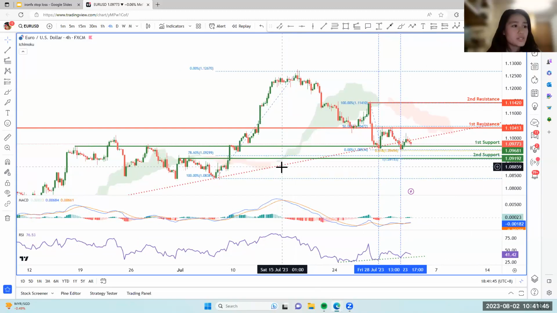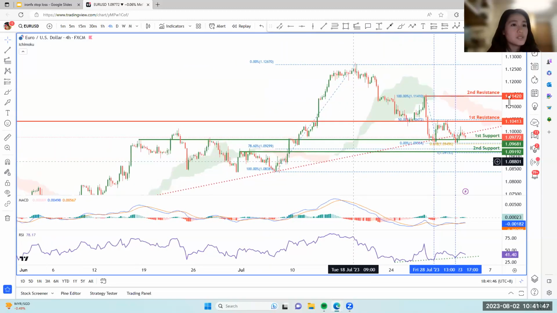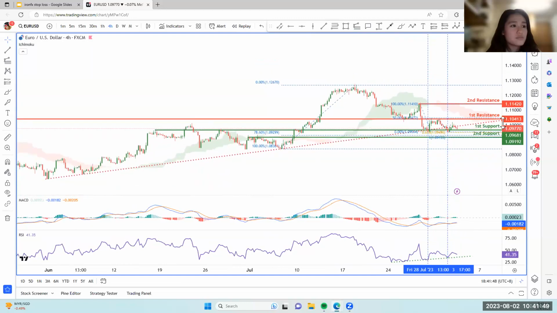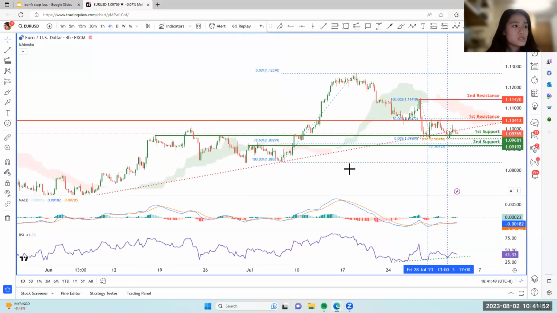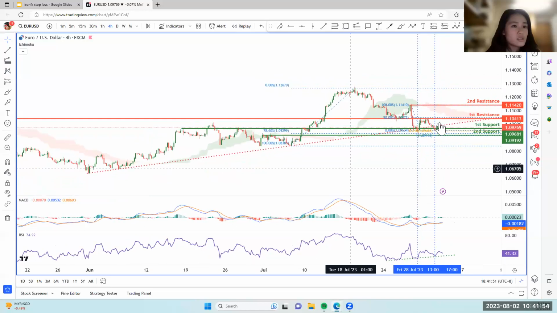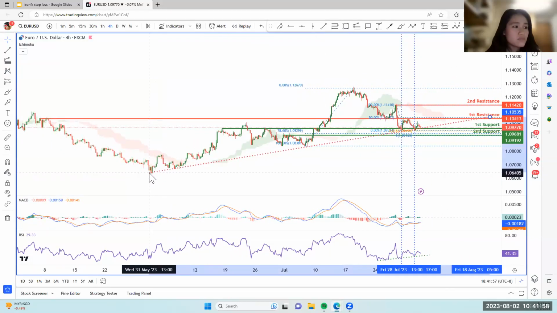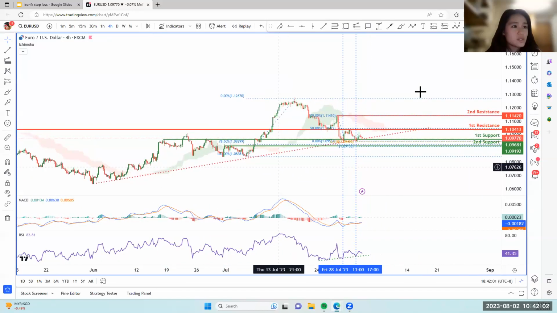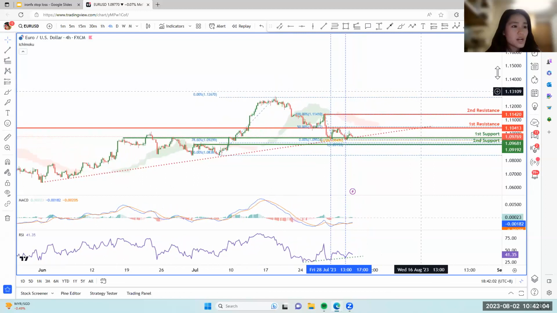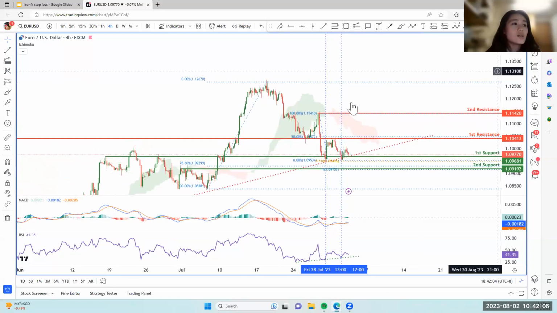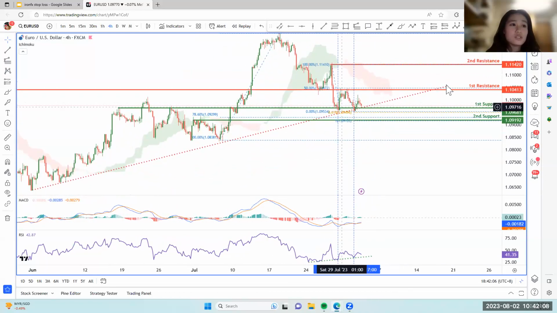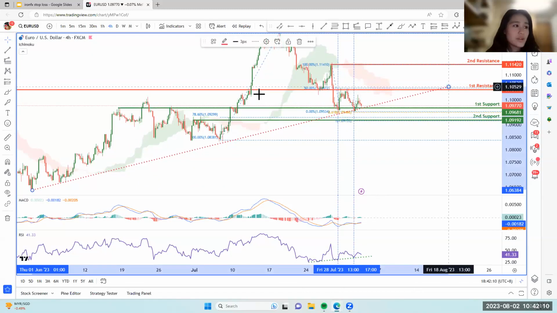Okay, so I'm going to go ahead and remove this trend line here, because earlier I mentioned that it could be breaking out of the descending trend line, right?